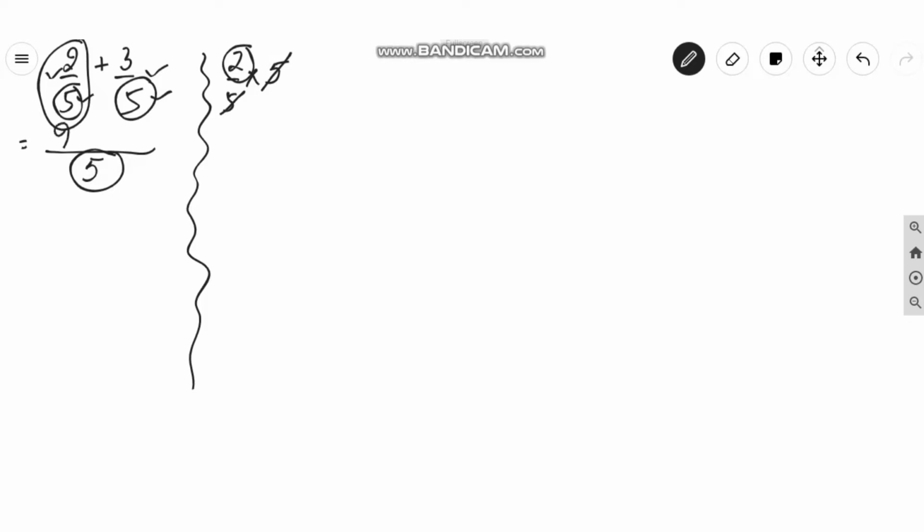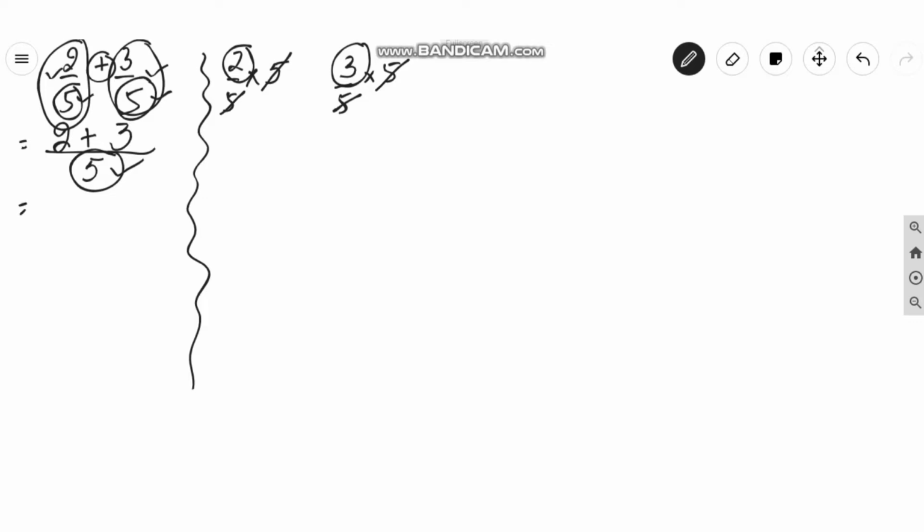So just write 2 here. Next, there is a sign of plus, so put plus. Now take the second rational number, that is 3 by 5, multiply it again with the number written here, that is 5. 5 is cancelled with 5. Now the remaining answer is 3. So just place 3 here.